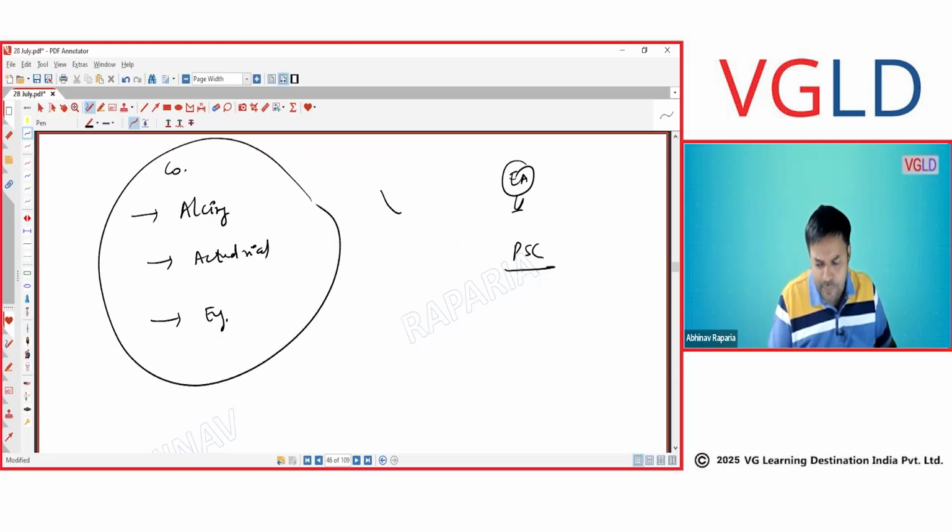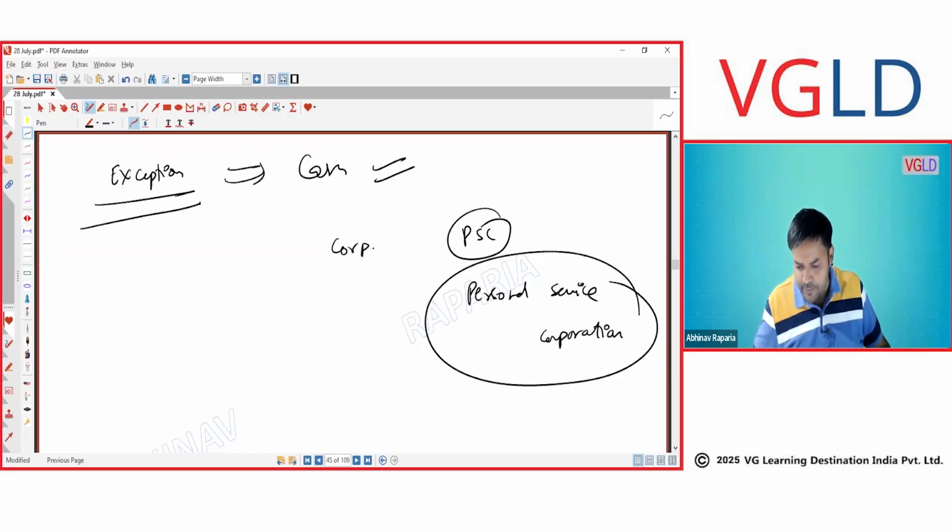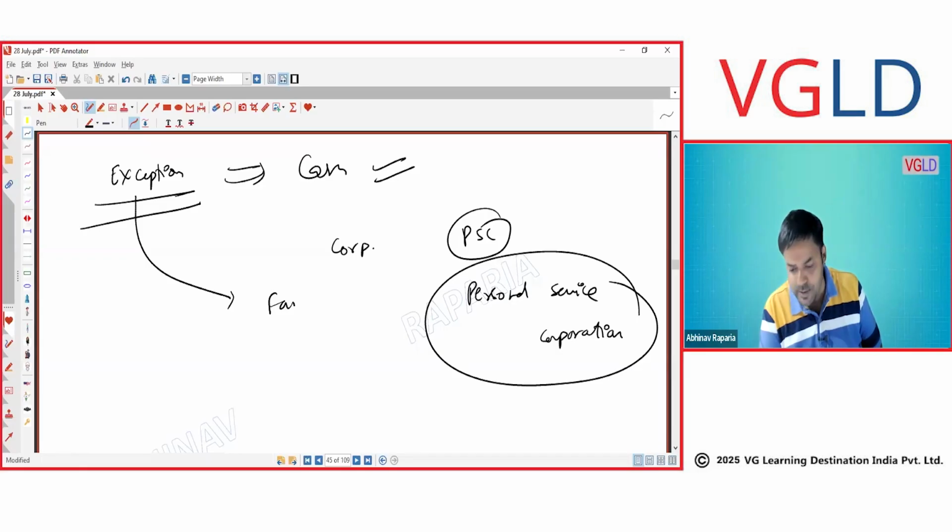I'm not writing it in full because you'll find it in your book also. Generally those corporations are considered PHC. If you are a PHC, you can follow the cash method. Second, if you are running a farming business, then again you can follow the cash method.